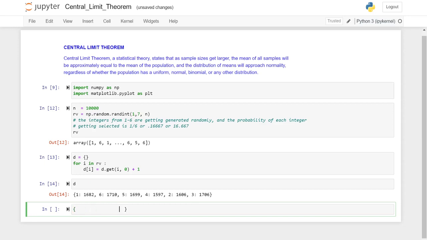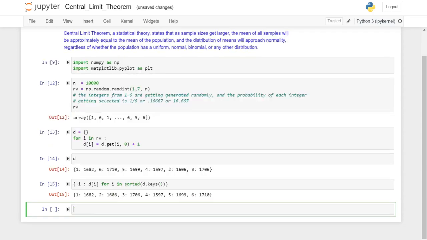We will say i colon d[i] for i in sorted(d.keys()). Okay. Now the frequency count is being shown in an ordered manner. So all the keys are in ascending order 1, 2, 3, 4, 5, 6. And here it was not in order.